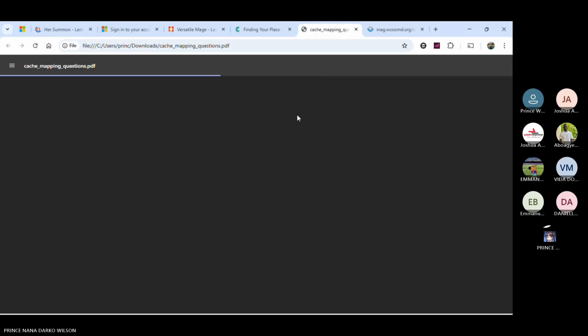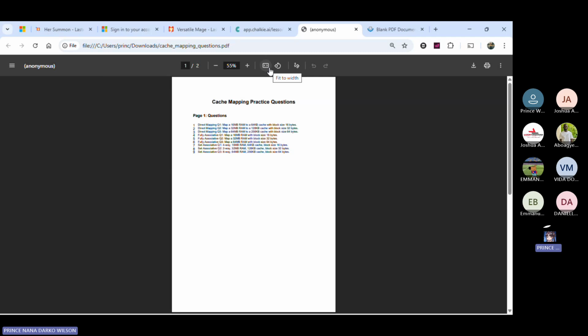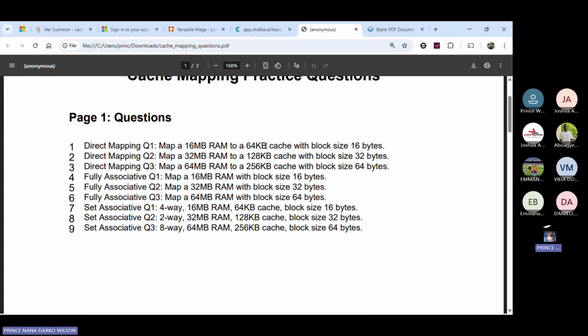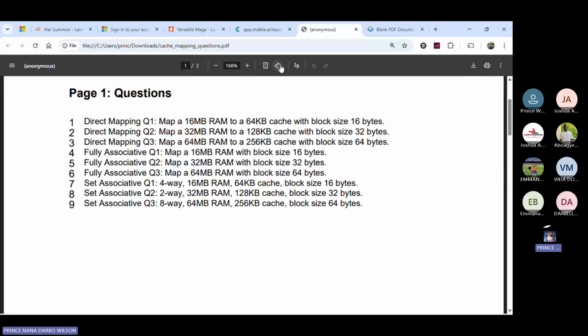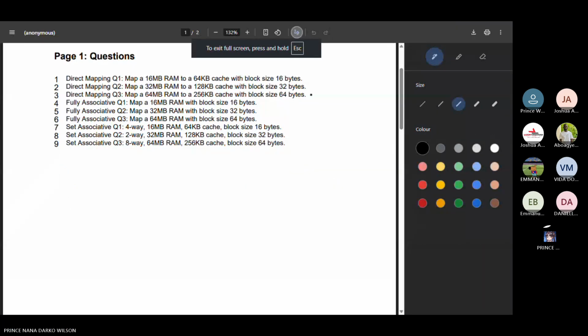Okay. So here's what I'm going to do. Let's solve these questions concerning the block size and whatnot to explain what I was detailing right now better. So let's take the first one. This one says, let's do direct mapping. We are mapping a 16 megabyte RAM to a 64 kilobyte cache with a block size of 16 bytes.